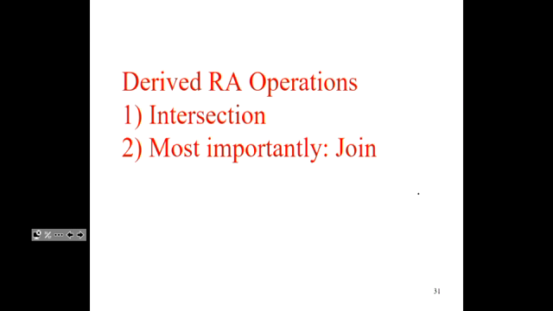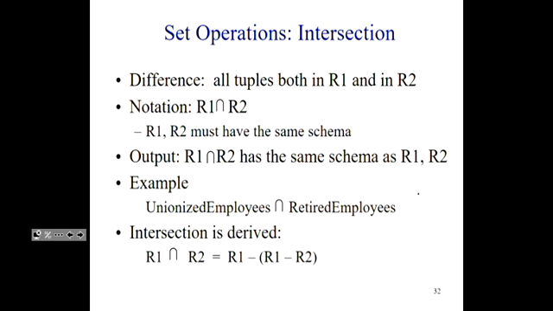Okay, so let's quickly talk about the derived set operations. Those are very easy, so I'll cover them quickly. We talked about union and difference. There are other set operations like intersection. The notation is the inverse U, and the constraint is that R1 and R2 have to have the same schema, just like the other set operations.